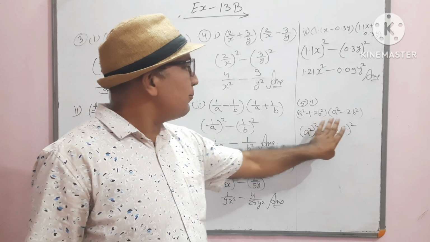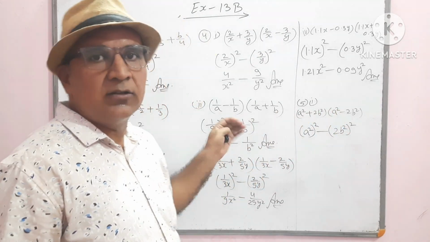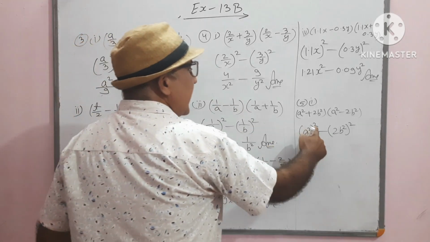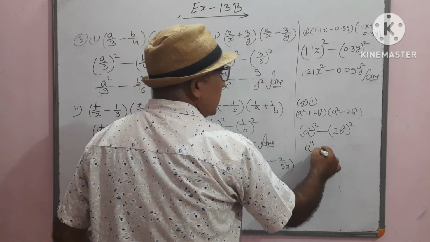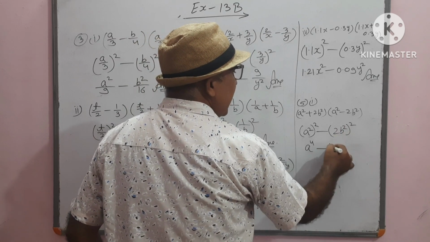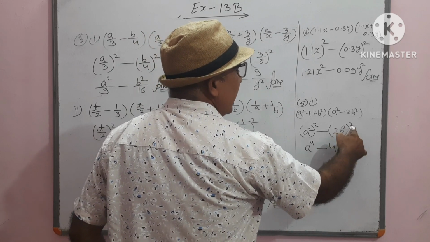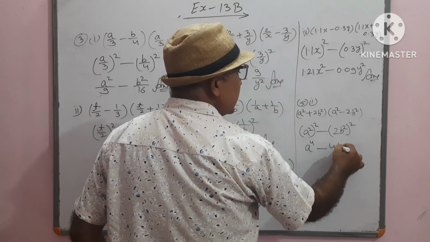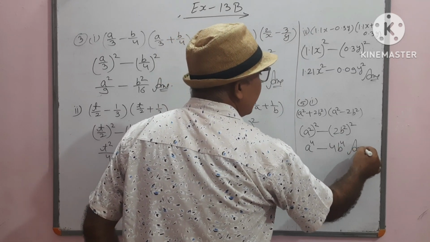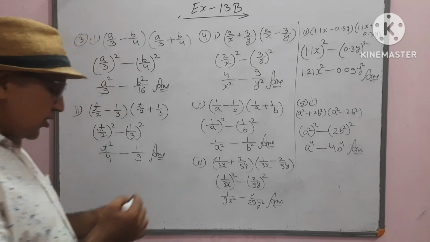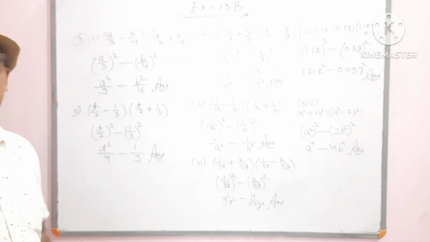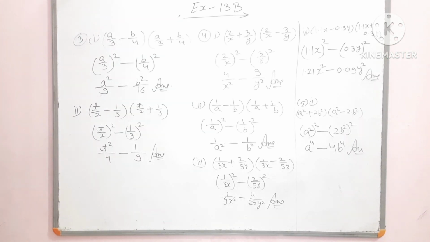First term is square minus second term is square. Now calculate it. Exponent over exponents are multiplied, so 2 into 2 is 4, minus 2 square is 4, and b square is 2 into 2 is 4. b power 4, and this will be your answer. Okay, first note down these questions, then after I will solve more questions.